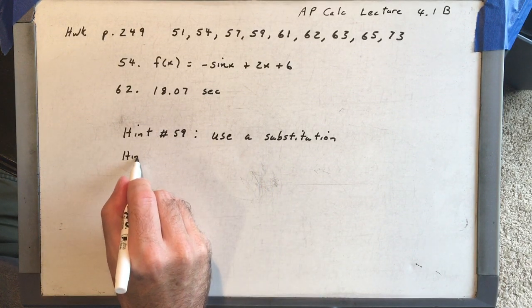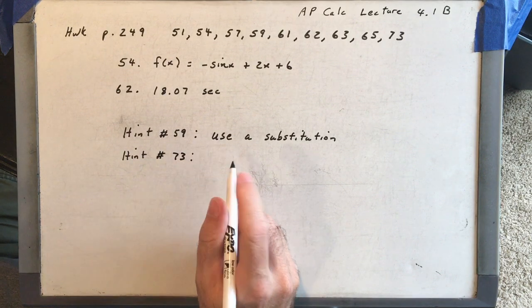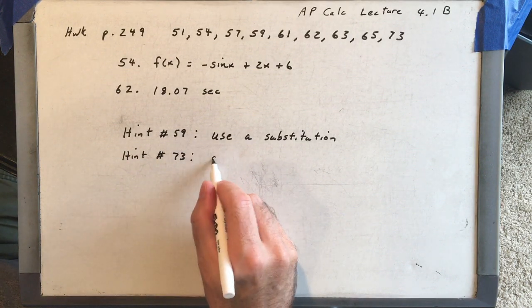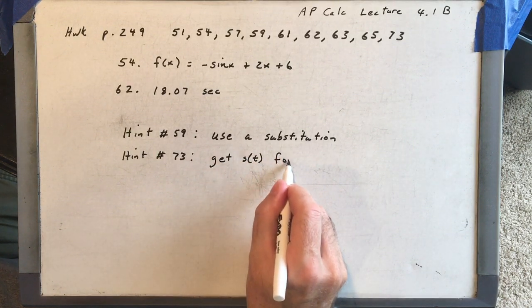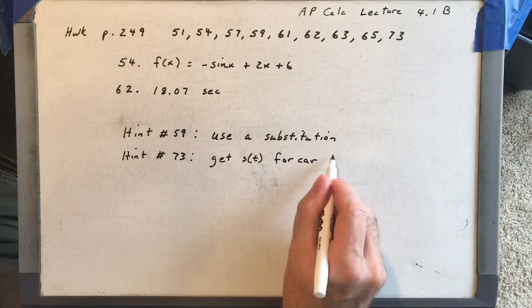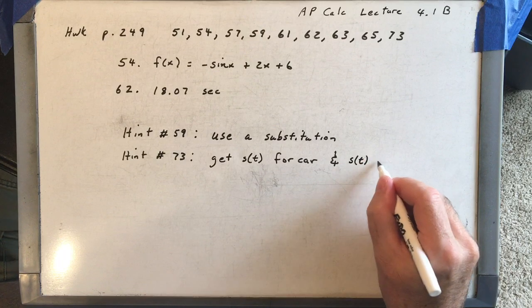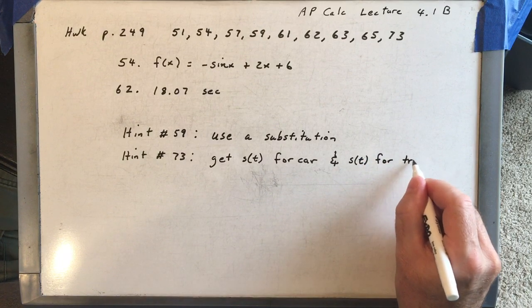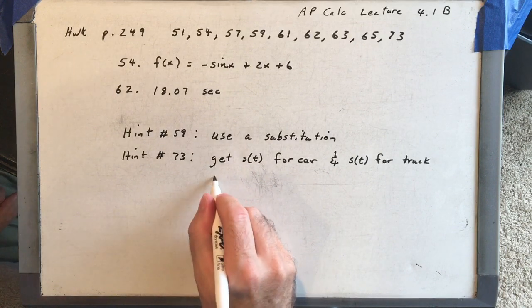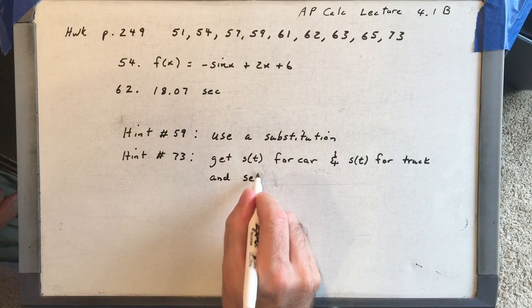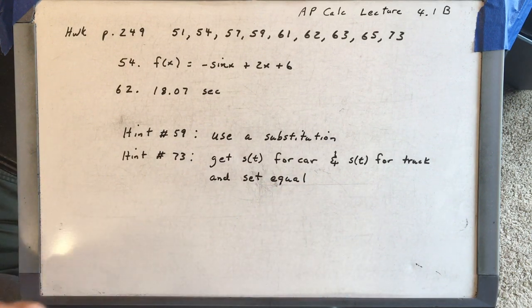Hint for 73, I don't think number 73 is nearly as hard, but I'll give you a hint anyway. Get S of t for the car and S of t for the truck and set equal. It's probably too much of a hint, but I'll give it anyway.